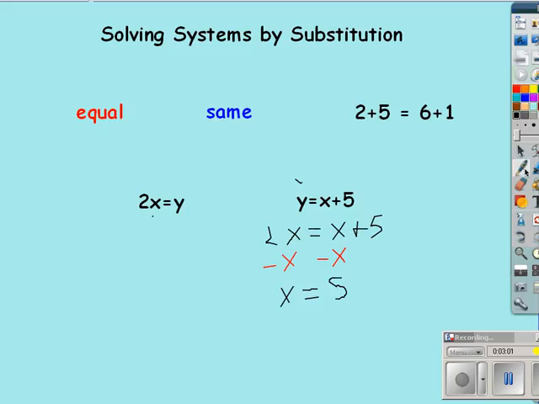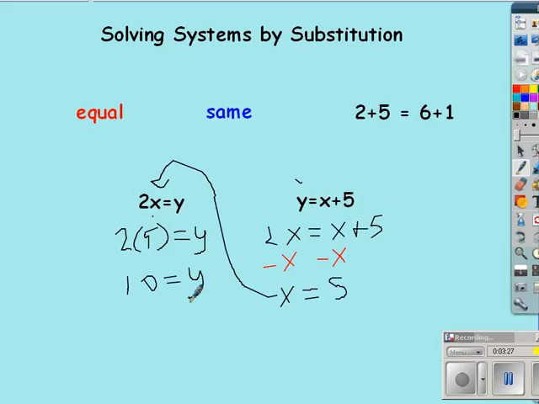So wherever I see an x, I can put a 5. And look right up here, I've got an x. So instead of 2 times x equals y, I'm going to put 2 times 5 equals y. I'm substituting 5 for x, which makes it really easy to solve because 2 times 5 is 10.